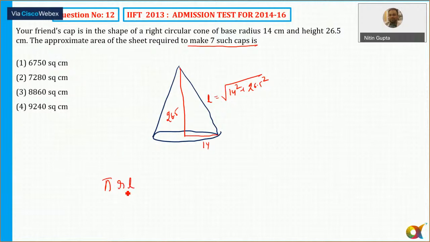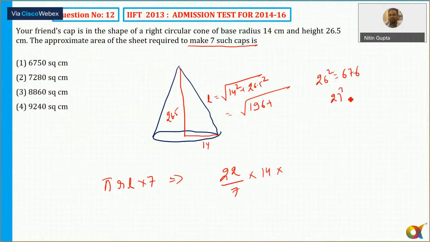Curved surface area is pi r l. It is equal to how much? 190. And then 26.5 square. So we all know that is equal to how much? 5 कहीं आसपास 700 के आसपास होगा, isn't it?